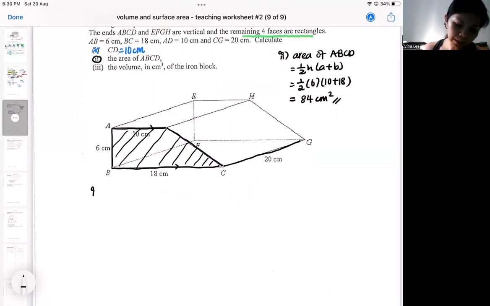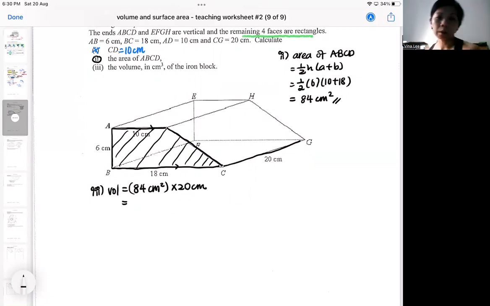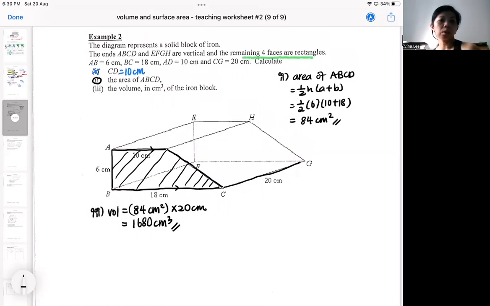So in part 3, that will be the volume. So it will be 84 centimeter square multiplied by 20 centimeter. So it's like your cross section. So I think this one is quite easy.